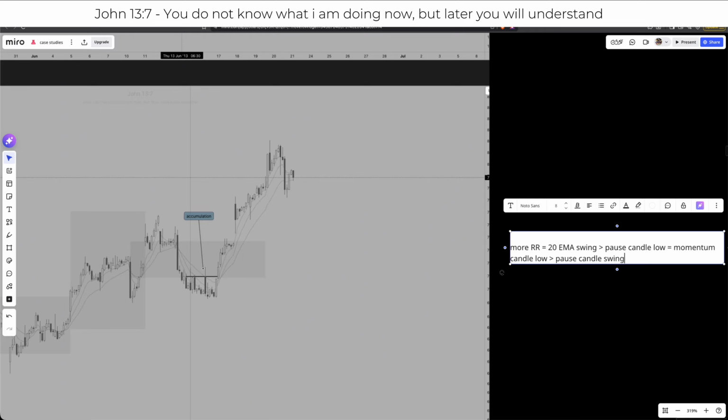And then, oh shit, the 20 EMA close. 20 EMA close.